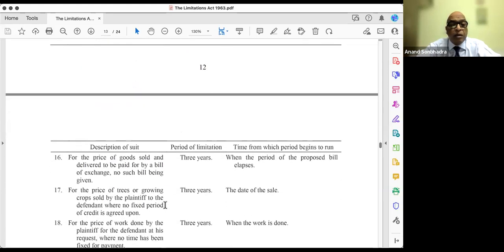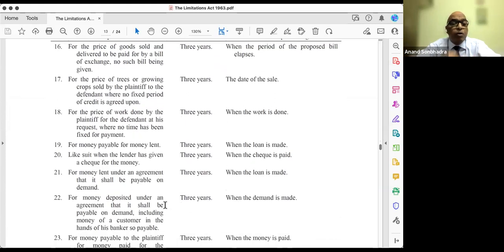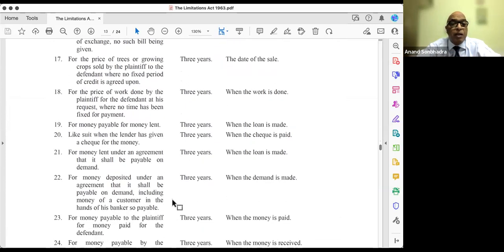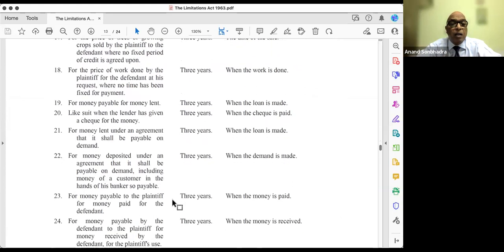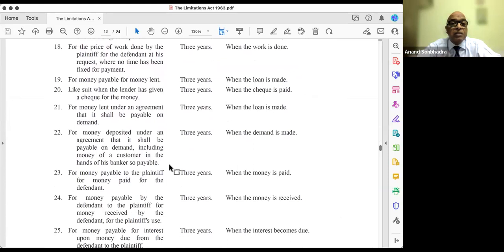And I'm just quickly running through trees or growing crops, money payable for money lent, suits like where a lender has given a check for the money.